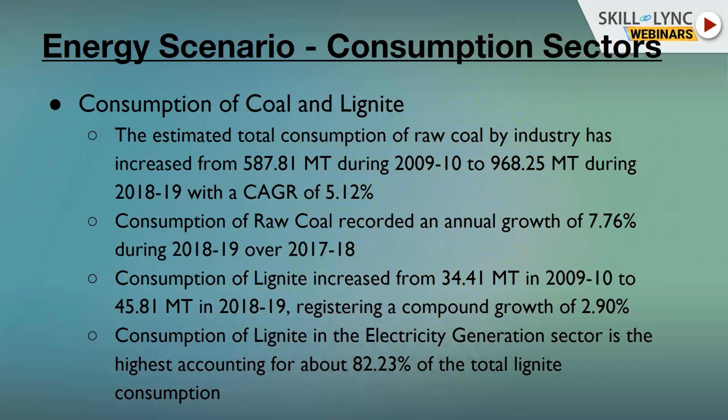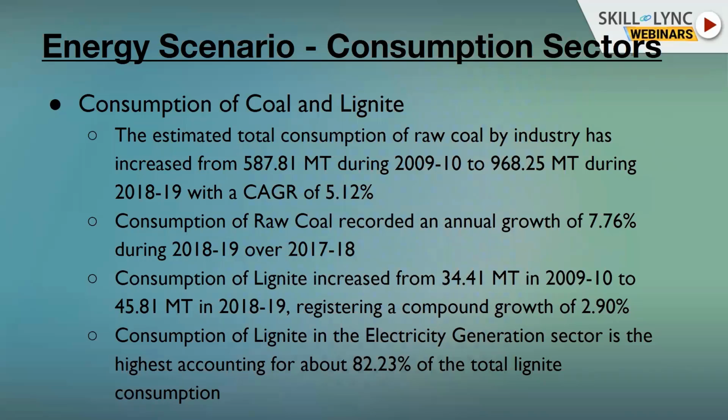Here lignite has increased from 34.41 metric tons in the year 2009 to 2010, to 45.81 metric tons in the year 2018-19. It has registered a compound average growth rate of 2.90 percent. So every year it has been increasing and it is not decreasing.